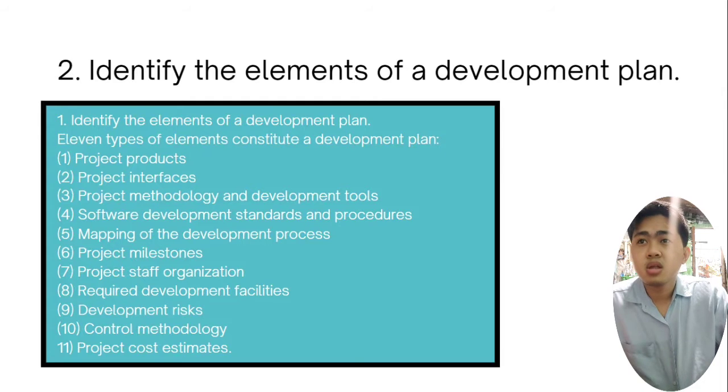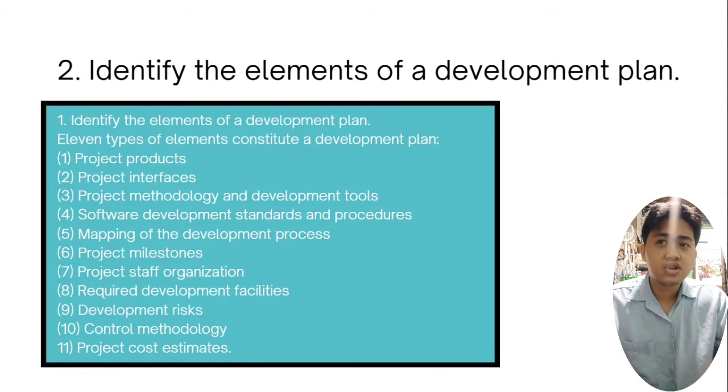Then the second question is: identify the elements of a development plan. 11 types of elements constitute a development plan. First is the project product. Second, project interface. Third, project methodology and development tool. Fourth is software development standard and procedure.